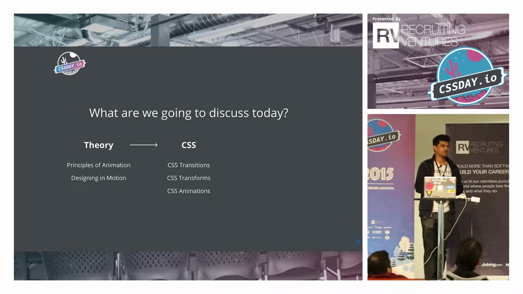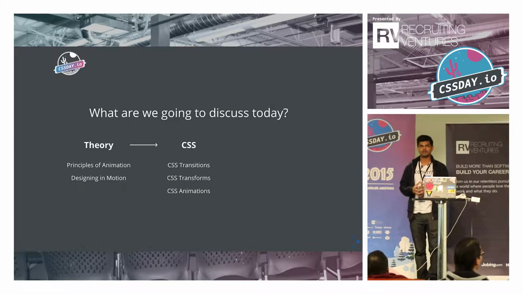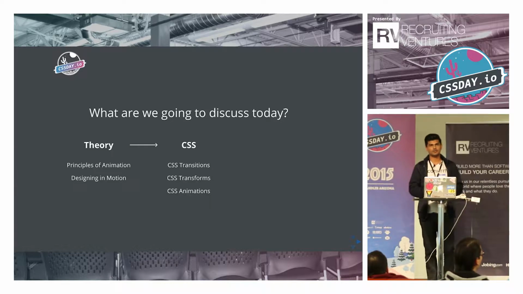What properties of CSS allow you to do animation? It's really simple. The more you use it, the more you train your brain over using animation, you will enjoy it. The idea is not to overuse it altogether. So we'll talk about CSS Transitions, Transforms, and CSS Animations.